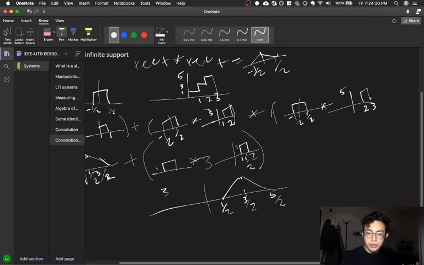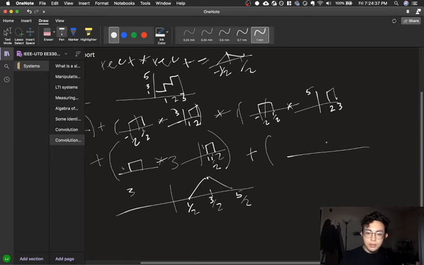Similar, we'll do this trick of taking out this 5 here, and then we'll just add this similarly. So we have a box that starts at 2. This starts at 5 halves.